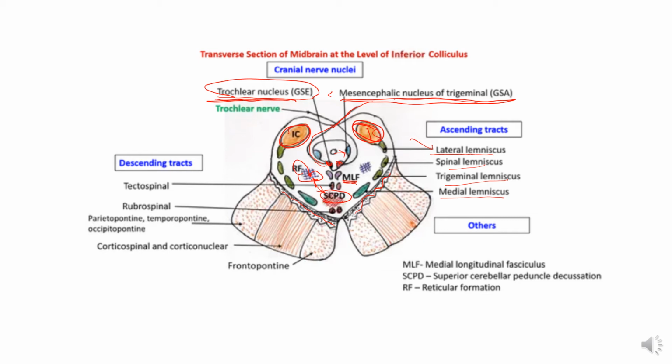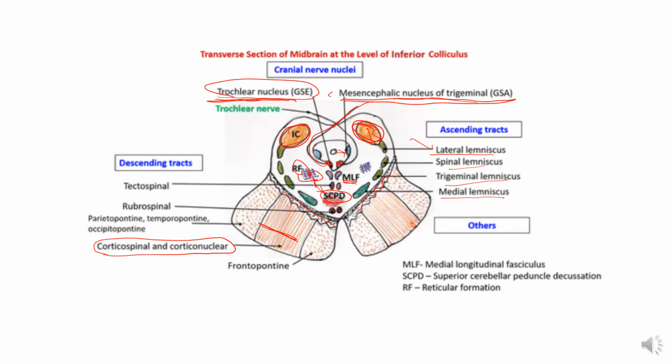The crus cerebri, the anterior part, contains important descending tracts and is separated from the tegmentum by the substantia nigra. The corticospinal and corticonuclear fibers occupy the middle two-thirds of the crus. Corticospinal and corticonuclear fibers occupy the middle part of the crus cerebri.